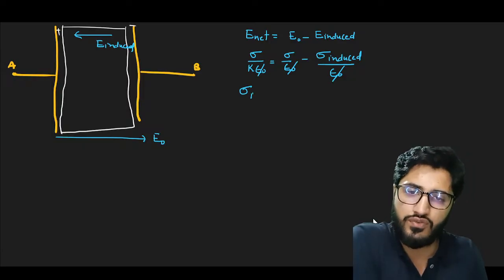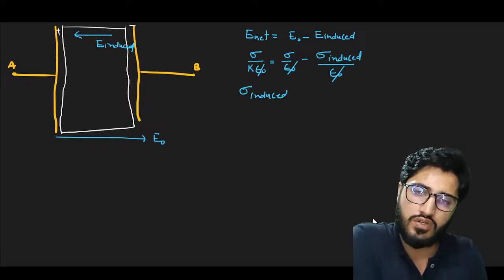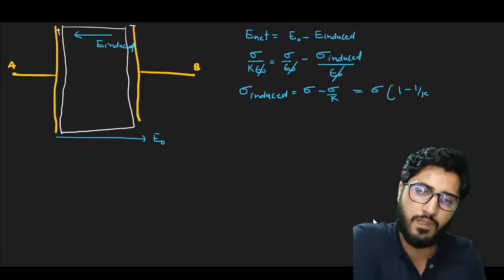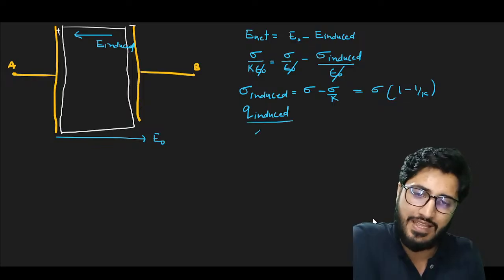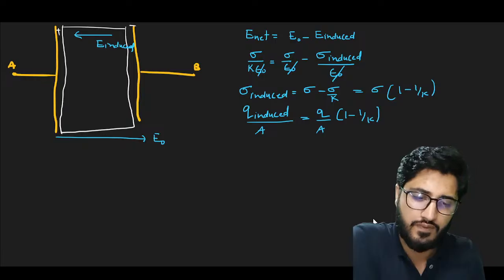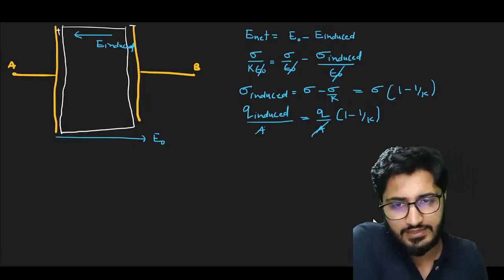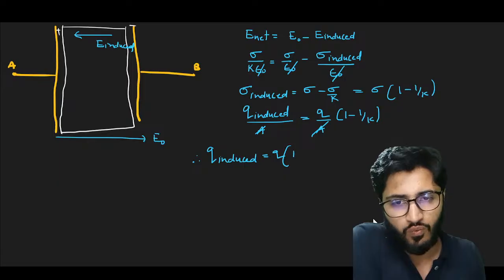So sigma induced is equal to sigma minus sigma divided by K, which is sigma times (1 minus 1 by K). So sigma induced is q induced divided by A, equal to q divided by A times (1 minus 1 by K). A cancels out. Therefore, the induced charge is q induced equals q times (1 minus 1 by K).